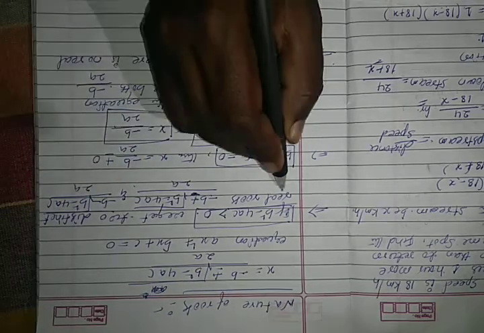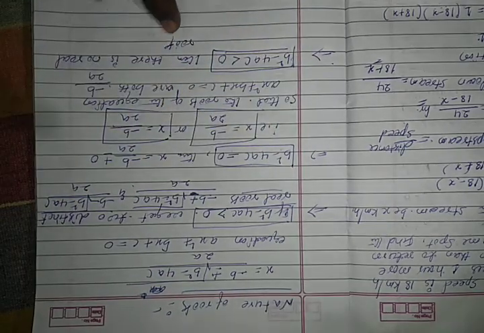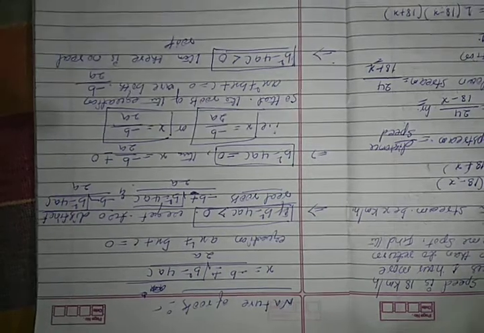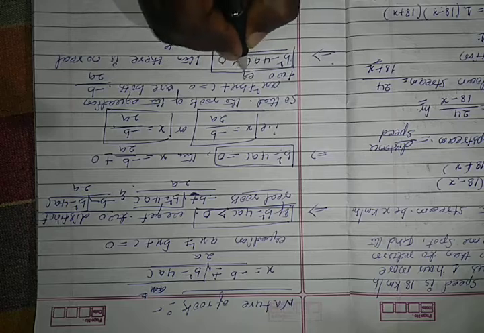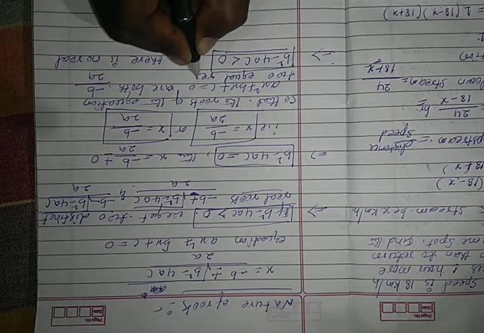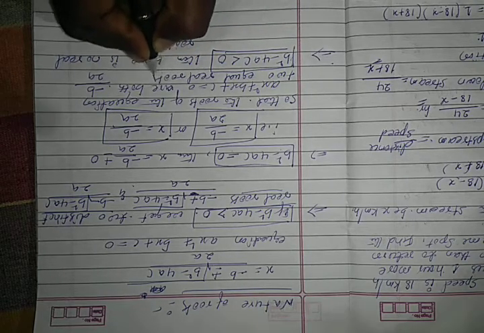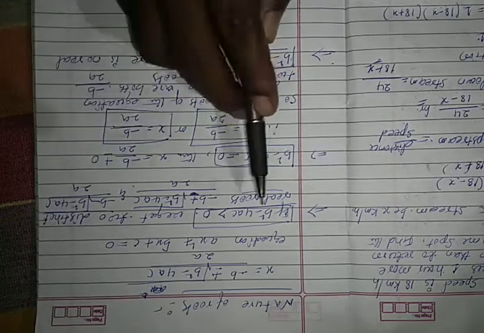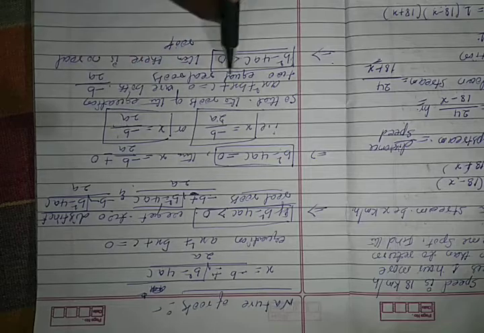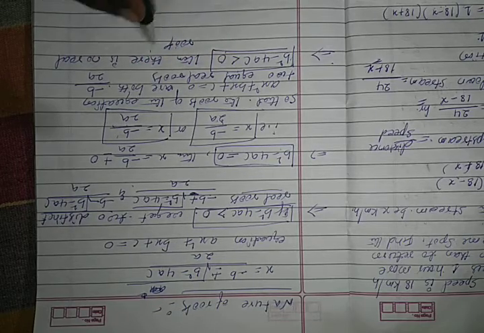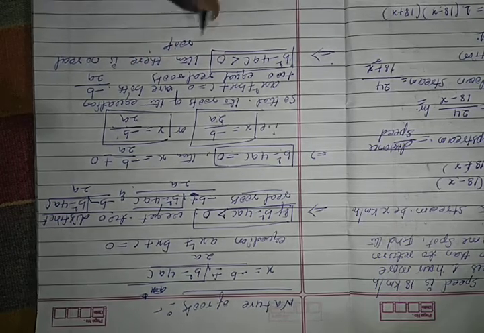Two distinct real roots; two equal roots, because both are equal, that is equal real roots. Here there are no real roots of the equation.